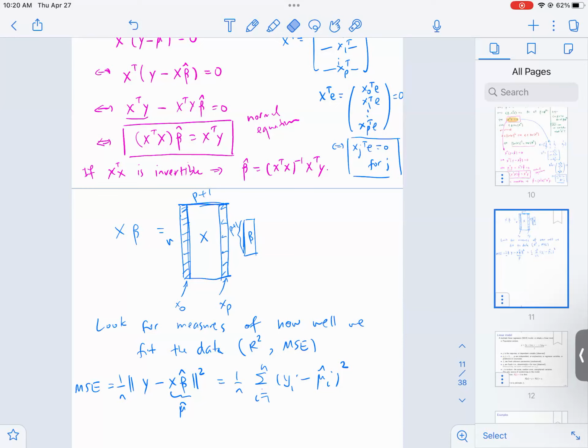Beta hat is an estimate. It's not the true value. How can I measure how uncertain this estimate is? That's what statisticians often want to know: how good it is as an estimate of the true beta. This is also a measure of how good the model is as a whole, and we'll come back to this. But how good is that particular estimate?